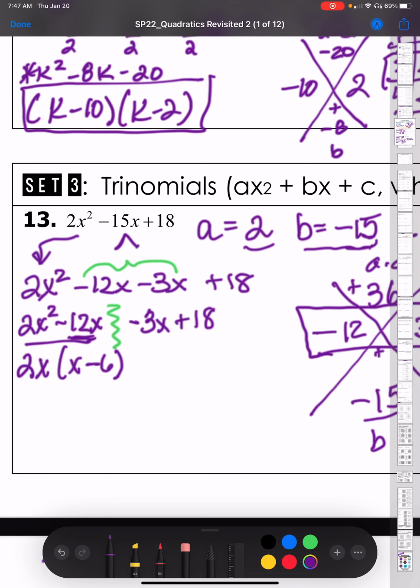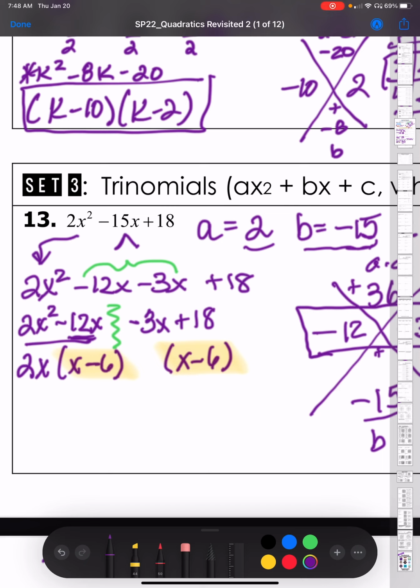And then we're going to look at our other side. We know that when we're factoring by grouping, we have to have the exact same binomial term inside the parentheses for this to work. If you don't have the exact same binomial term inside the parentheses when you group, then you've done something wrong or you cannot factor it by grouping. So if we want x minus 6 to be our binomial term on the left side, let's see what we can factor out that would satisfy that condition.